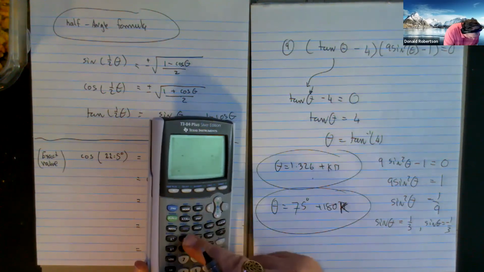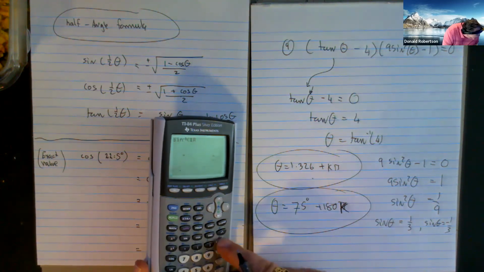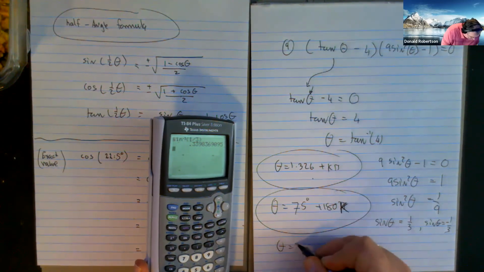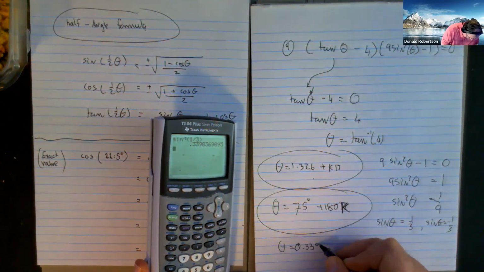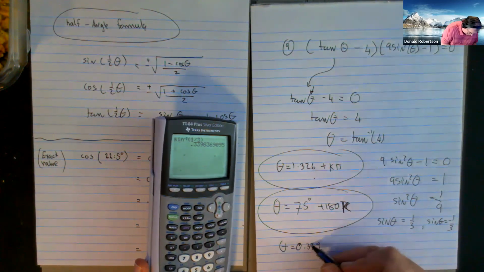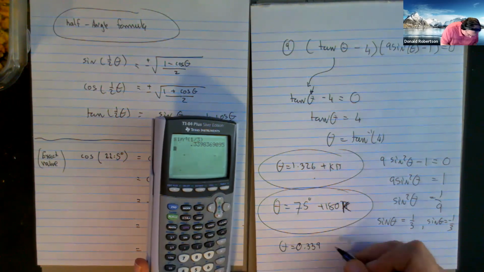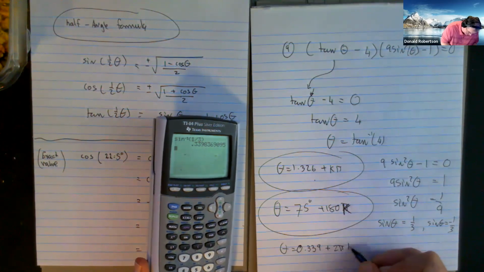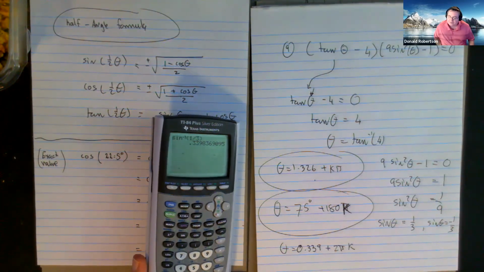So if you do the inverse sine of 1/3, you will get the answer 0.3398, 0.34 then, if you round that off, plus 2 pi k, because the period of a sine function is 2 pi, right?